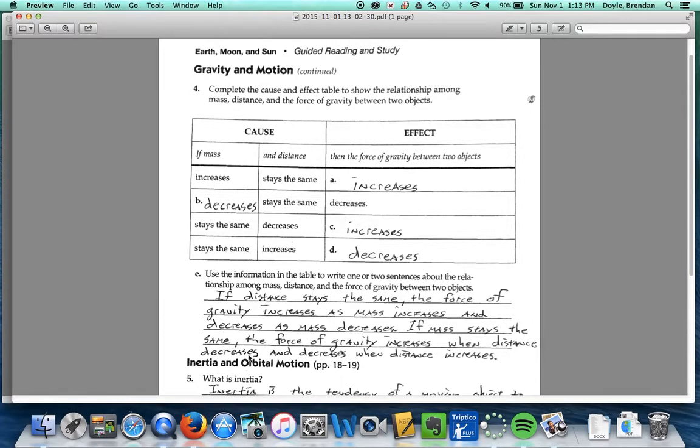If mass stays the same, the force of gravity increases when distance decreases and decreases when distance increases. I think it's best to be thinking of examples of all of these things too. There's a great picture in the book that's pretty helpful. But for me, it's always helpful to think of examples.